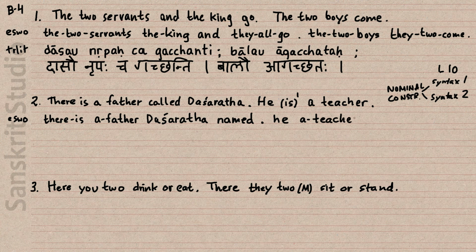In syntax 2 we would have had "a teacher he", but that's not what we're doing here. So we're using syntax 1 since the exercise mentioned explicitly that we should have number 1 there. Right, okay, so "he, a teacher".